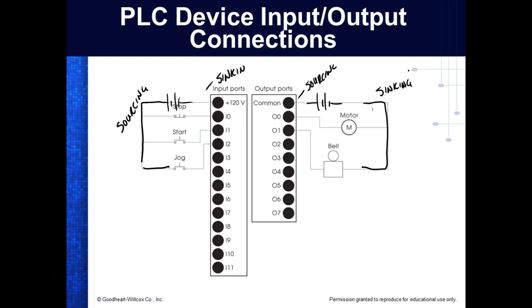And everything in here is DC, 24 volts. 24 volts is very safe, right? And it's a standard power for most of your solid state sensors. So if you're looking for sensors, an NPN sensor is a syncing sensor, and a PNP sensor is a sourcing sensor.